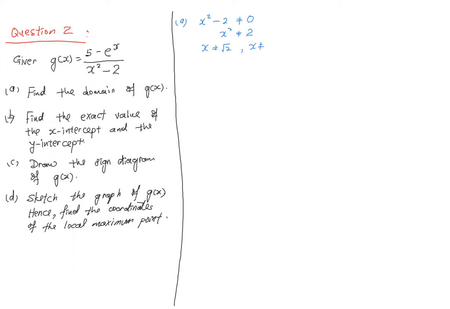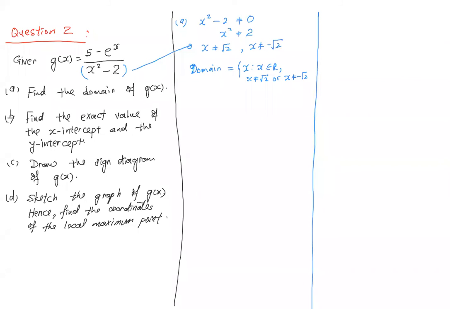You have to write down both exact values. Anything on the number line, the domain, must be exact values. So the domain, when you have a rational function, this is very important: x is a member of the real numbers, x cannot be root 2 or negative root 2. Okay, done.